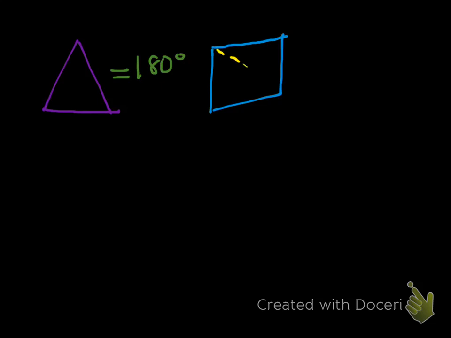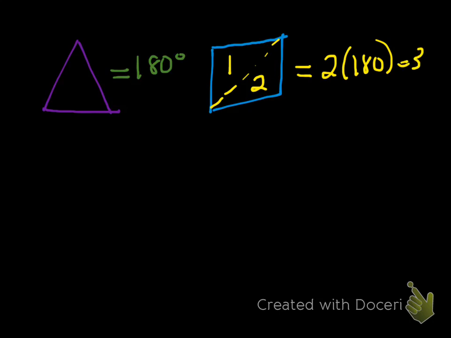I can draw my diagonal there, or I could draw it connecting those two vertices. All right, so how many triangles do I have? I have 1, 2. So if one triangle is 180, then 2 triangles is going to be 360.